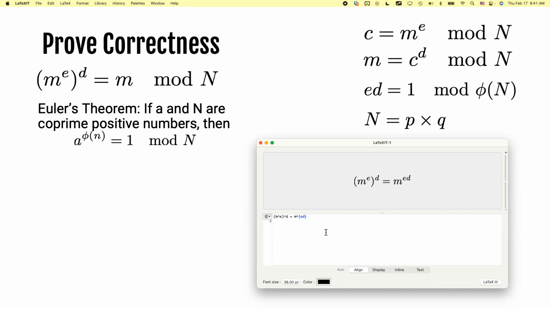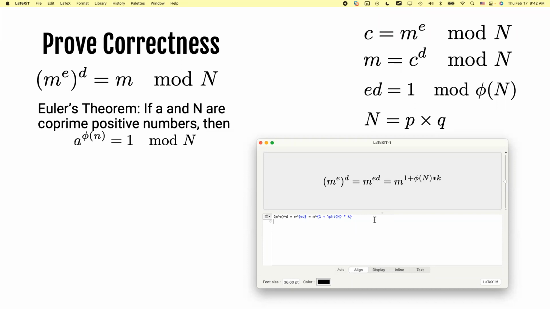So let's rewrite ed in terms of phi of n: ed is equal to 1 plus some multiple of phi of n. k is just a number denoting that it is some multiple of phi of n. So far so good.